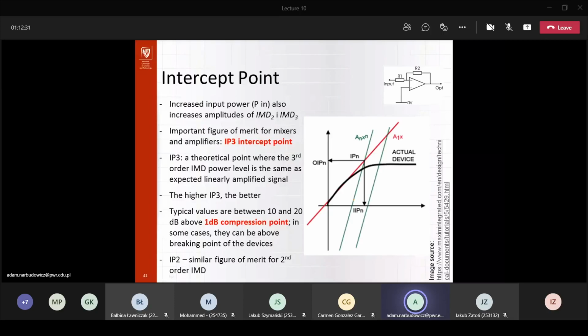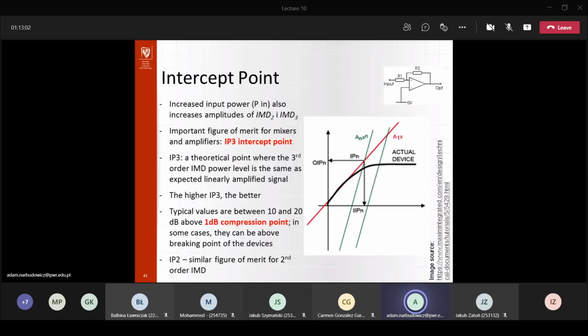At the beginning you will see some additional components, but they won't be very strong yet. However, if you keep increasing the power, you move farther and farther into the nonlinear range. At some point, your intermodulation products will have pretty much the same amplitude as the amplitude theoretically expected from just linear amplification of your amplifier. And that's basically your IP3 intercept point.